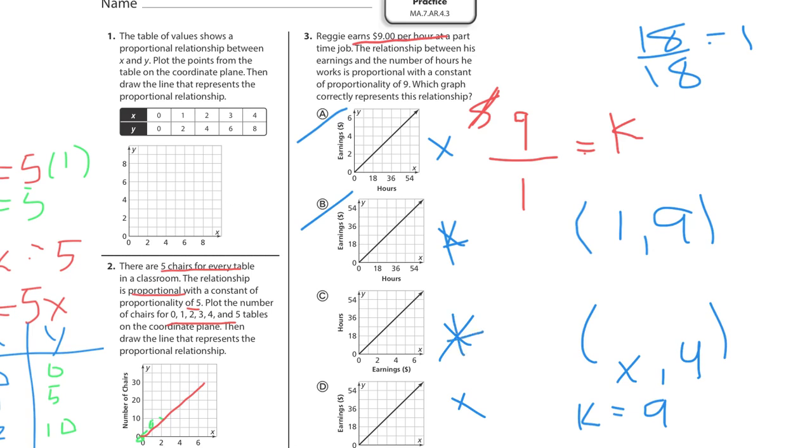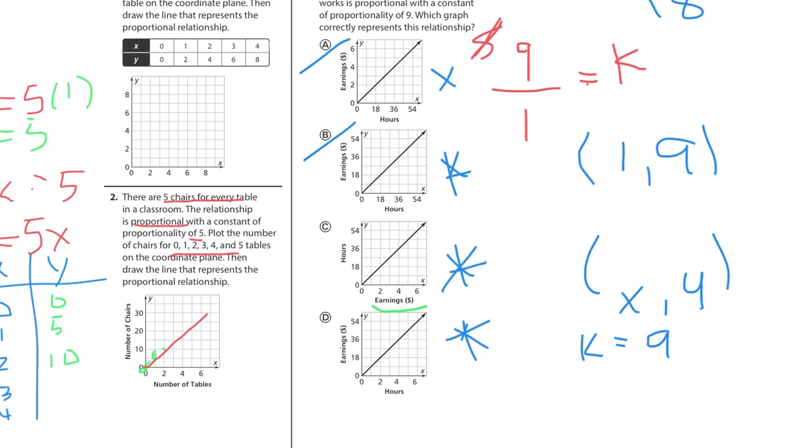Let's look at this one, 18 over 2. And D also says 18 over 2. But if we look at the title, this one says earnings is 2, and the bottom one says hours is 2. So 2 is hours. We know that it has to be $9 earnings.